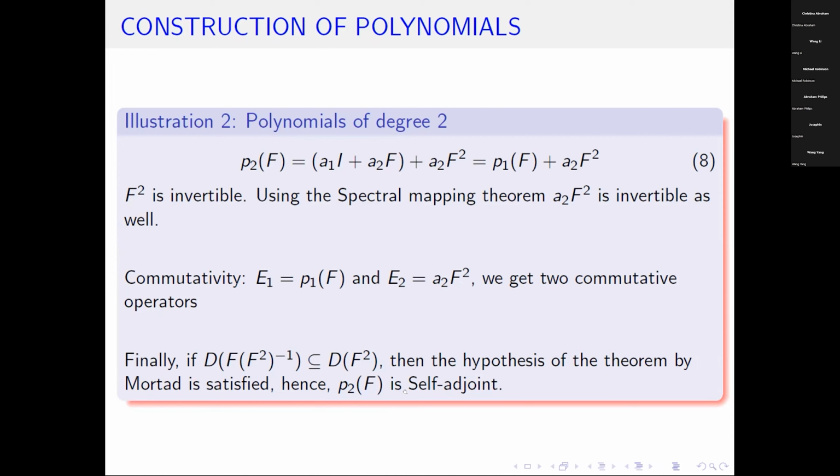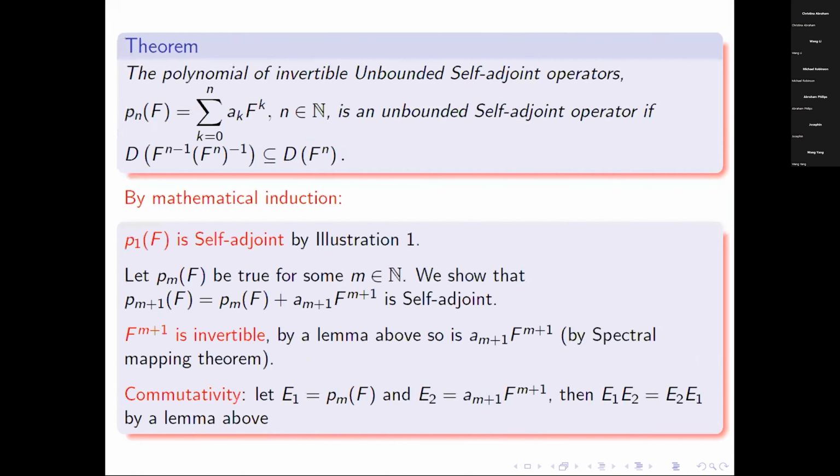Therefore, once we have come up with the result for P1, a polynomial of degree 1, and a polynomial of degree 2, we can now come up with a general polynomial, which is a polynomial of degree n. And this is the result: when F is an invertible and bounded self-adjoint operator, then you can form a polynomial.